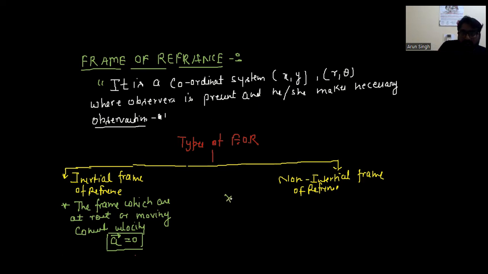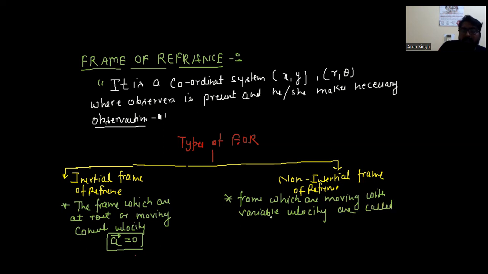So the definition of non-inertial frame will be: frames which are moving with variable velocity are called non-inertial frames.